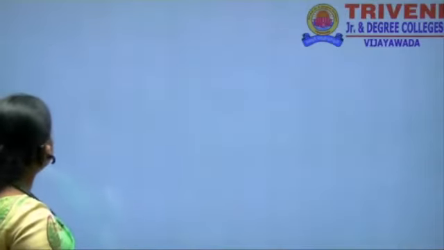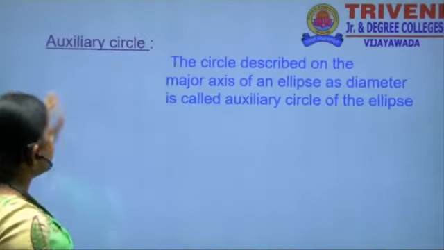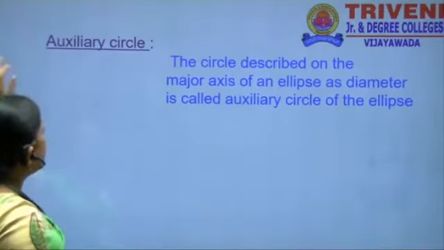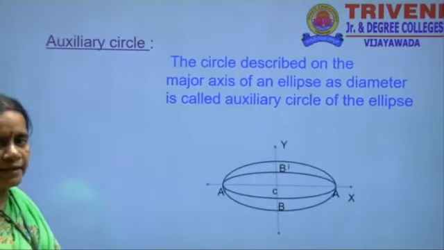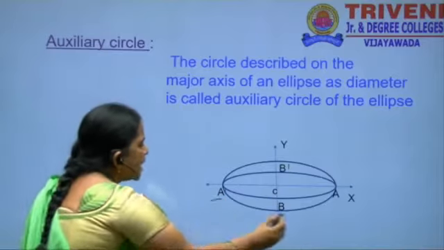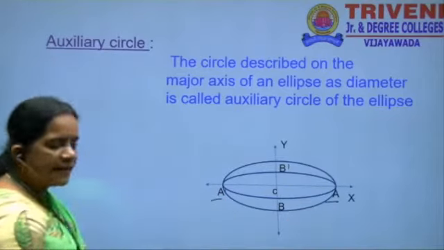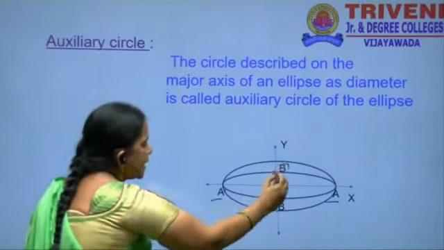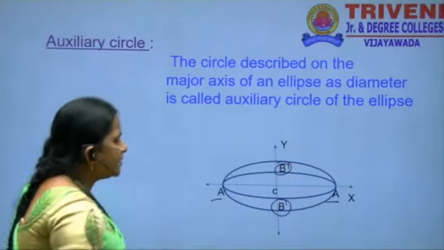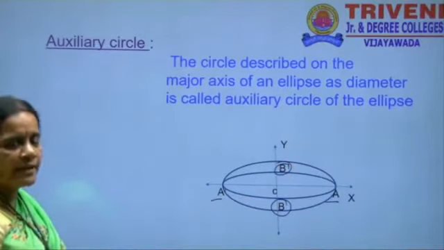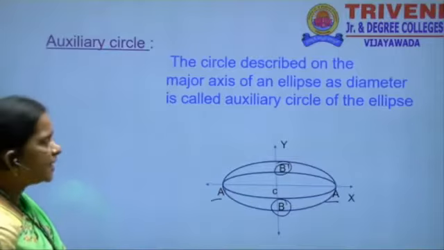And then next one is auxiliary circle. Here an auxiliary circle is shown. A and A dash are the vertices. B and B dash are the ends of the minor axis. C is the midpoint, the center of the ellipse.